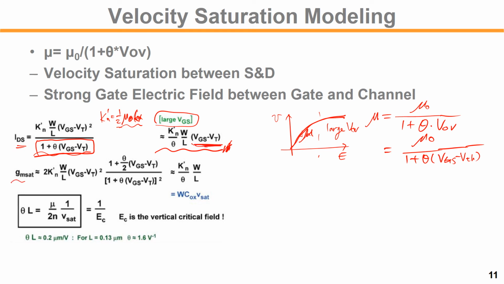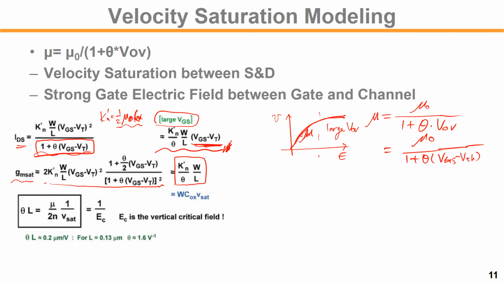So GM can also be found by taking the derivative with respect to VGS of ID. We get some complicated mathematics, and finally it becomes this equation.